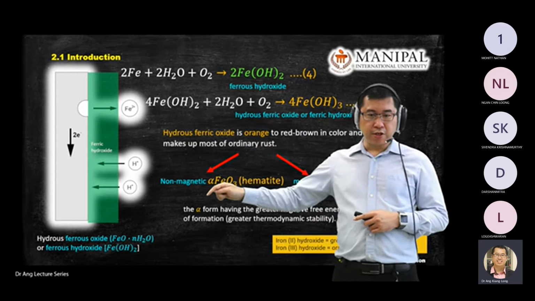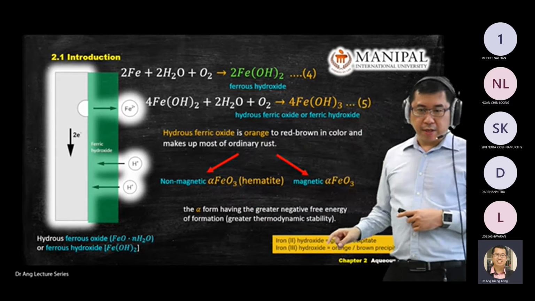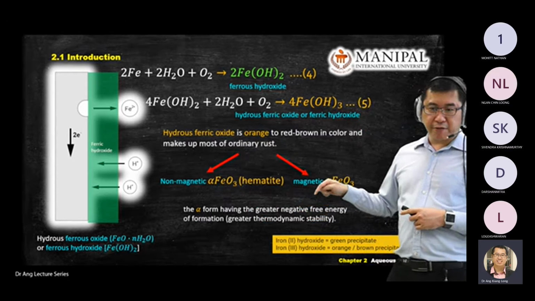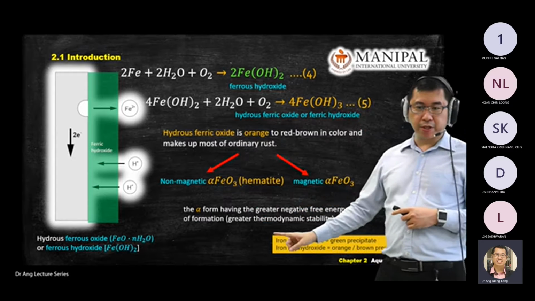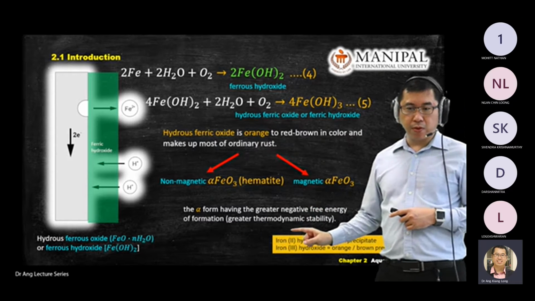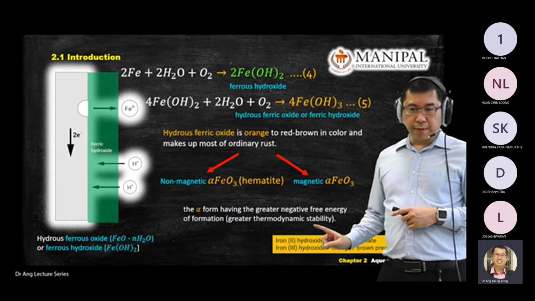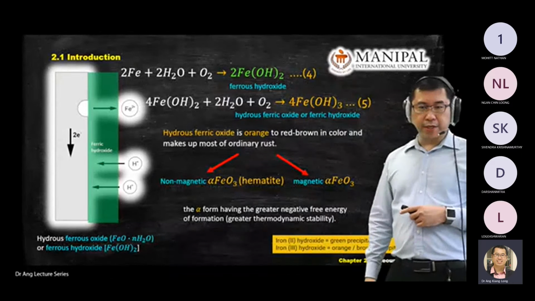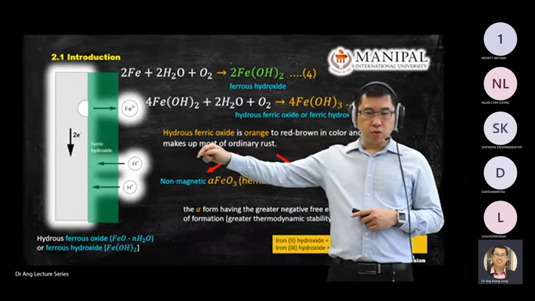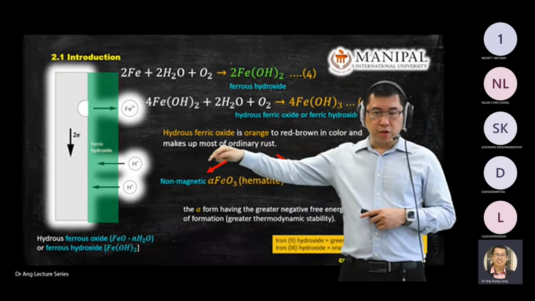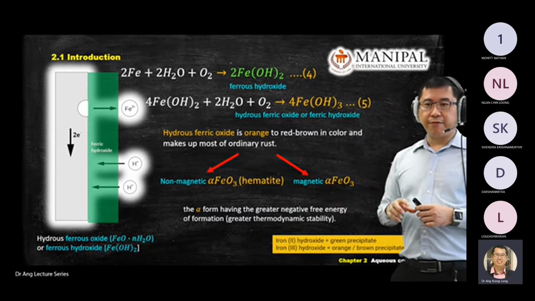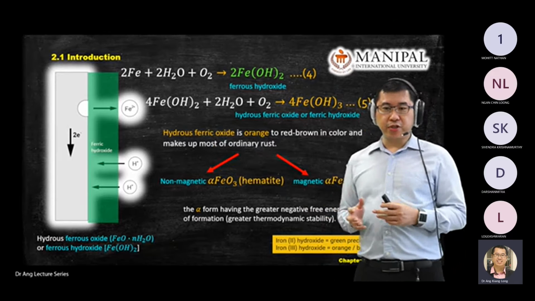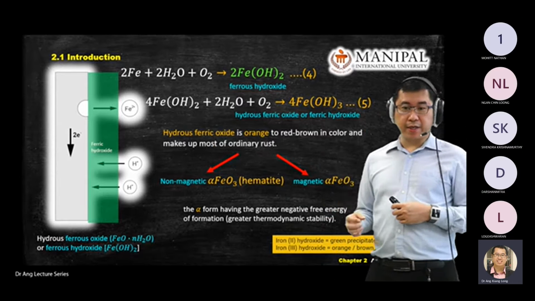This is a constant value, the alpha form has a greater negative free energy of formation, meaning you have more stability in terms of thermodynamics. All right, so non-magnetic, you know that it does not have any reaction when you put a magnet near it.